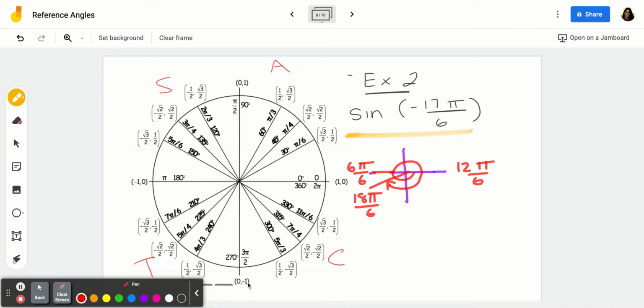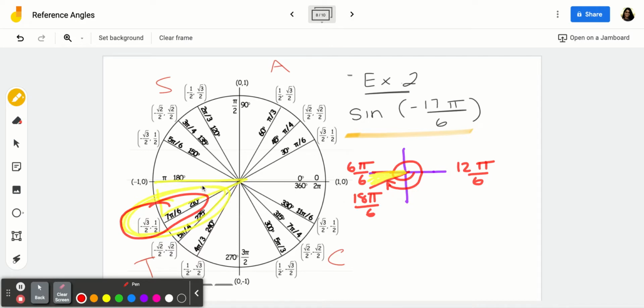Okay, now you want to think about what is the reference angle. Remember, the reference angle is this space right here. Well, it also translates on your unit circle. So what value are we using for our unit circle? We're using the values right here. 210 isn't our reference angle.